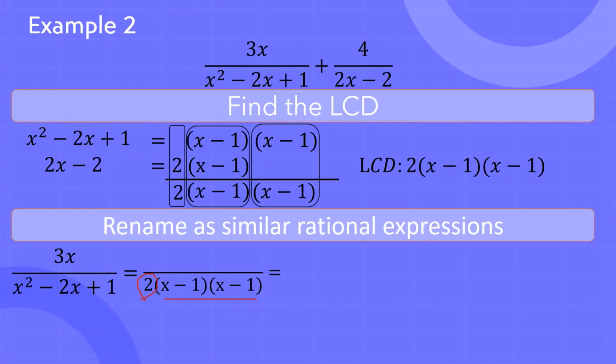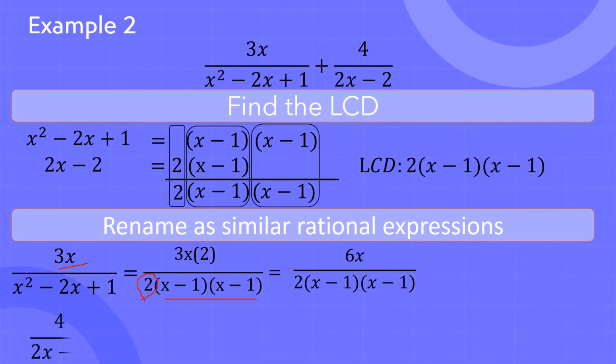So, yun ang imumultiply natin sa 3x. Okay? So, magiging 3x times 2 is equal to 6x over 2 times x minus 1 times x minus 1.